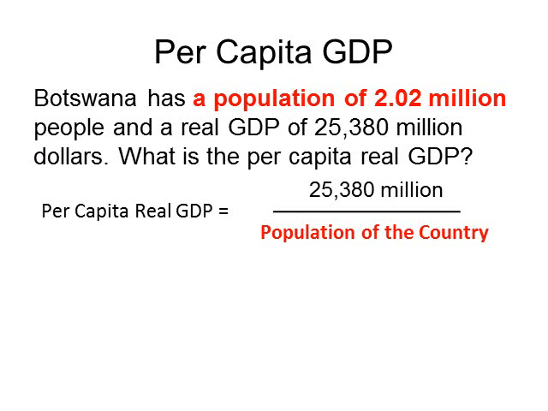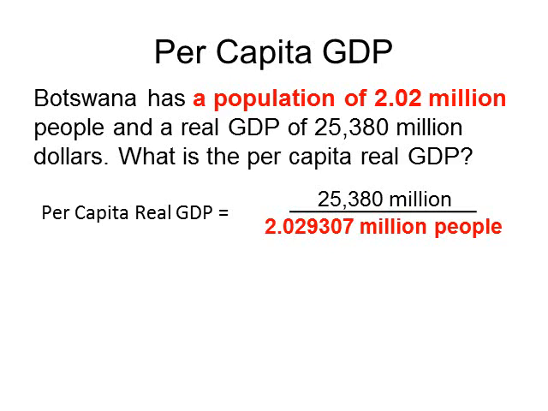The next step is to substitute in the population of the country involved. In this case, Botswana has a population of 2.02 million people, and we'll substitute that into the formula for population of the country.